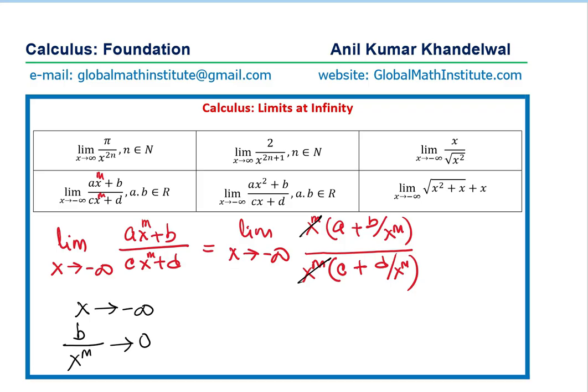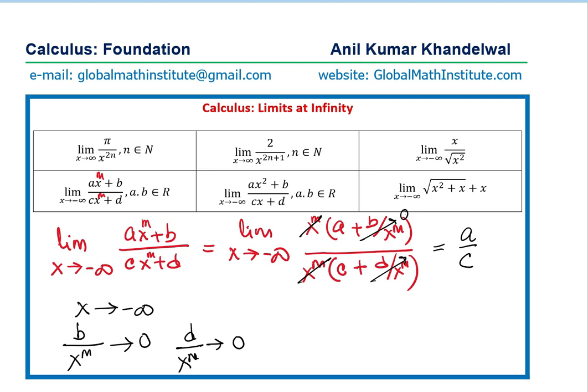So whether it is b or d, any constant divided by x to the power of m will approach 0. So these two terms are approaching 0, right? So we can kind of take them off. So we are left with a over c. So we are approaching a real value a over c. So in this particular case, that becomes the limit of the function as x approaches negative infinity, right?